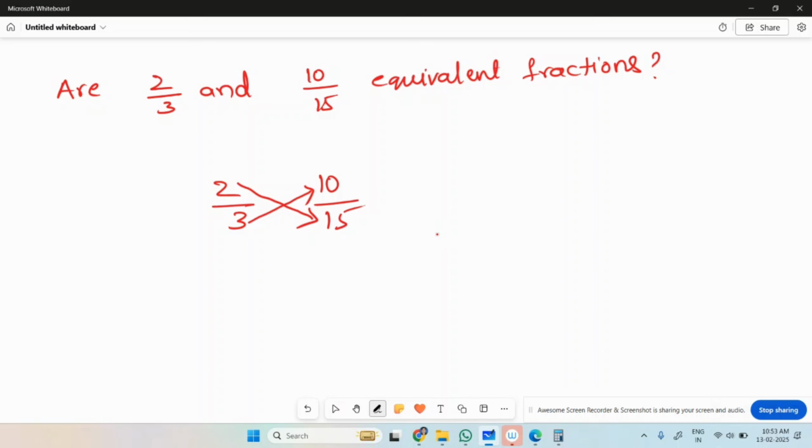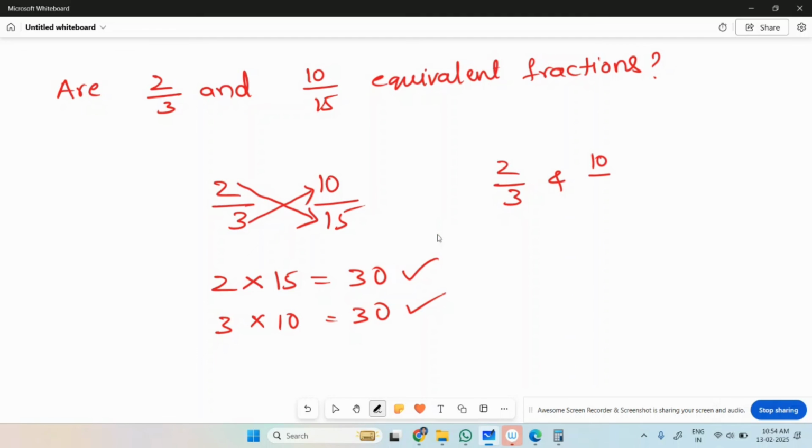First fraction's denominator with the second fraction's numerator. Here 2 times 15, which is 30. 3 times 10, which is 30. Both the products are equal. Hence 2 upon 3 and 10 upon 15 are equivalent.